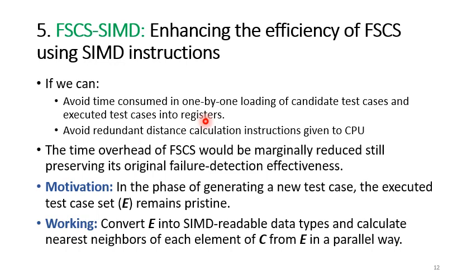In other words, there is no change in E while generating a new test case. Consequently, we can convert E into SIMD readable data types and calculate the nearest neighbor of each element of C from E in a parallel way. In short, we aim to boost the efficiency of the FSCS algorithm by changing its implementation from SISD to SIMD architecture.